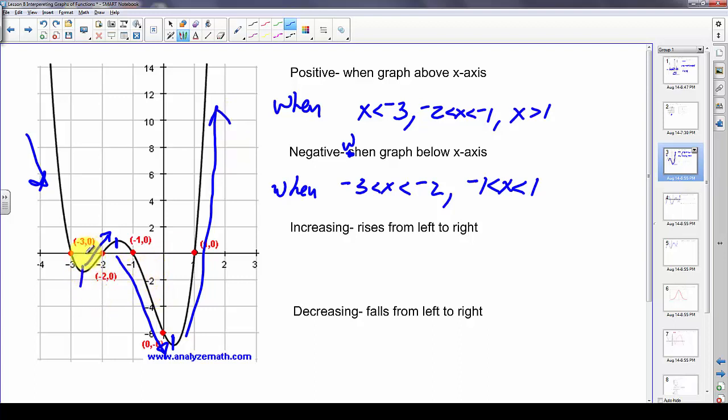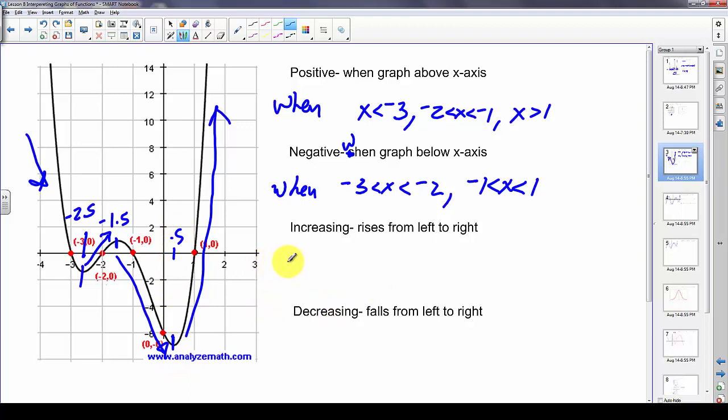Now we're going to estimate here. I'm going to say this x value is about -2.5. This x value is about -1.5. This value, let's just say it's 0.5. And we can start describing this now.